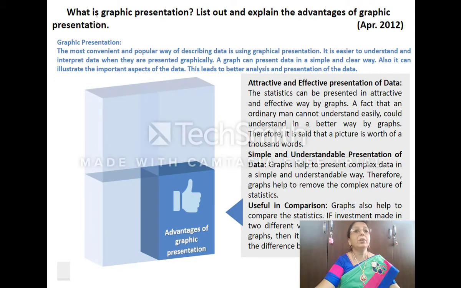Graphic representation is the most convenient and popular way of describing data. It is easy to understand and interpret when data are represented graphically. A graph can present data in a simple and clear way. So, graphs are easy for analysis and presentation of data. It is attractive and effective presentation of data, simple and understandable, and useful in comparison.